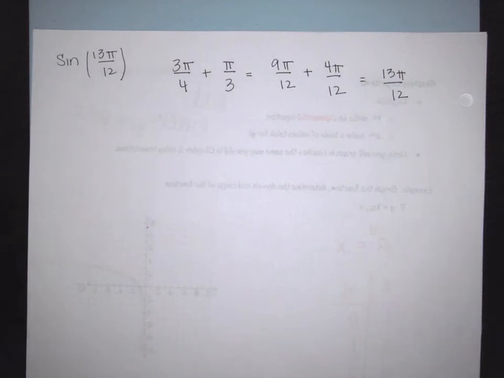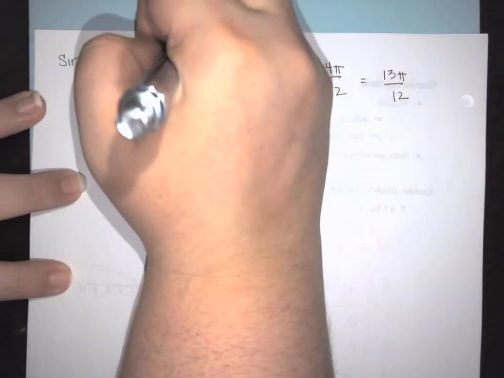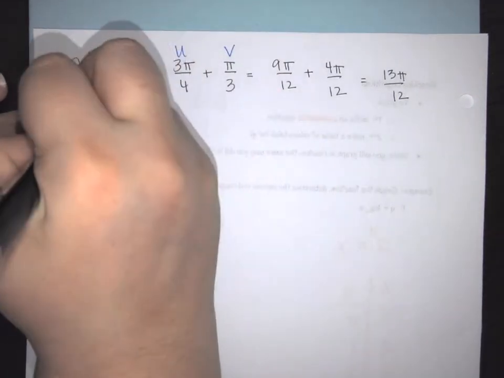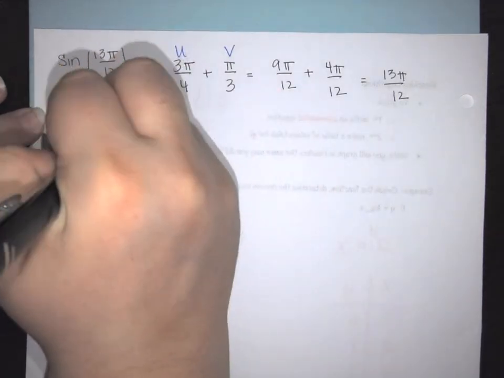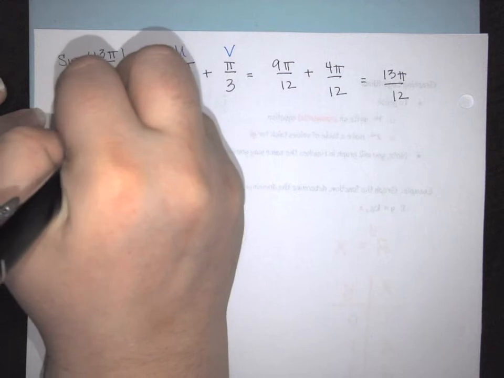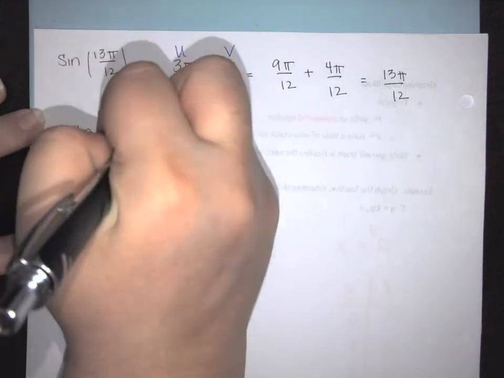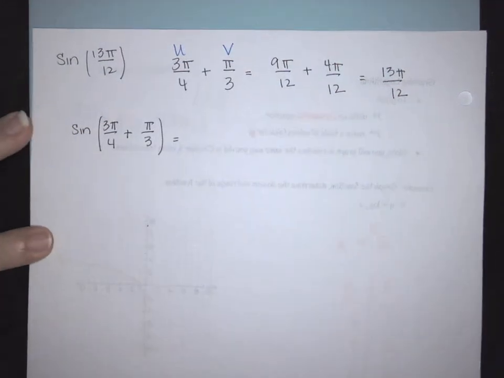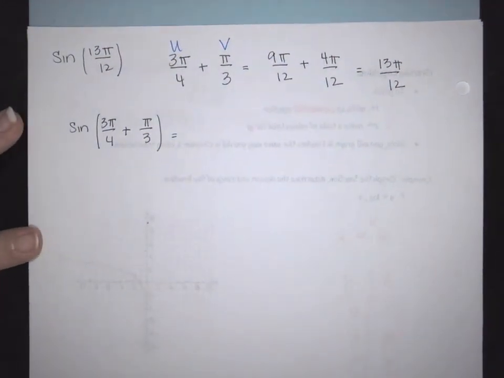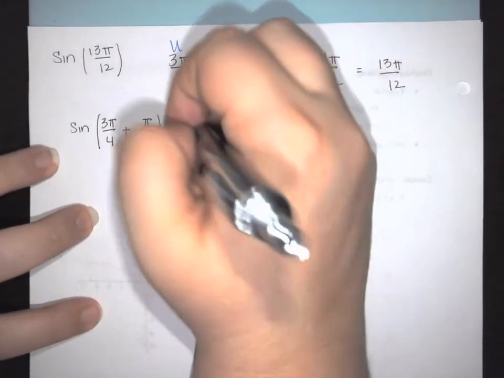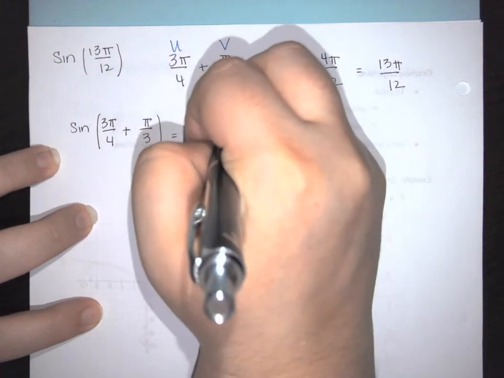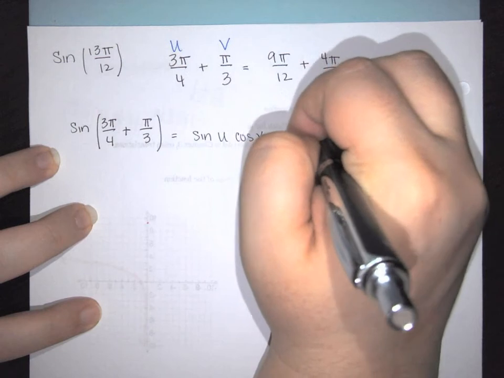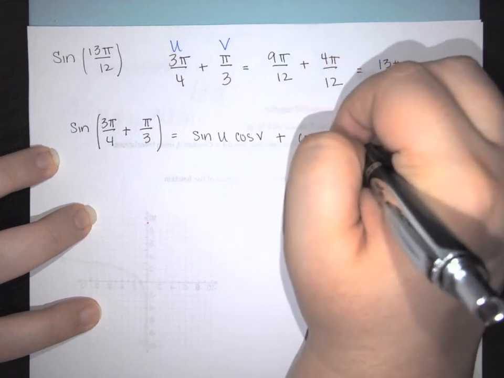Okay. So again, just like before, the first part is u, the second part is going to be v. So here I'm going to look at the sine of 3 pi over 4 plus pi over 3. Because I'm using the sum, this is going to become the sine of u, the cosine of v, plus the cosine of u, the sine of v.